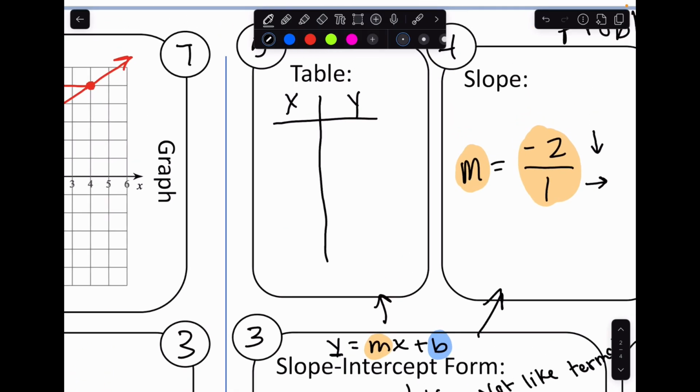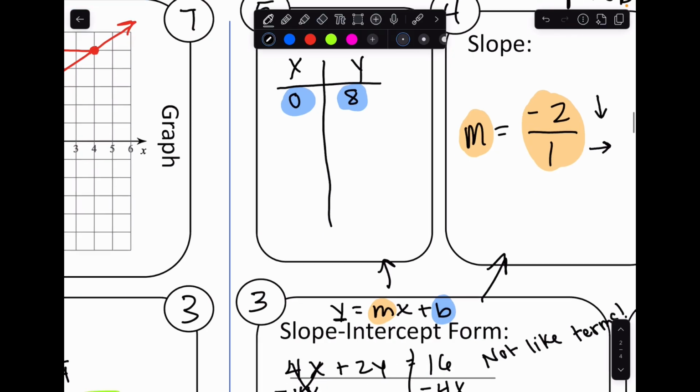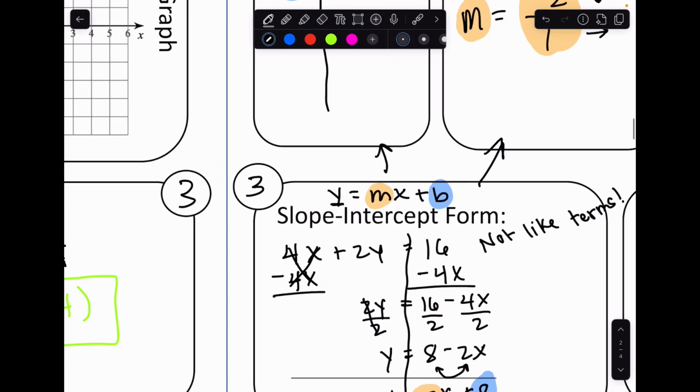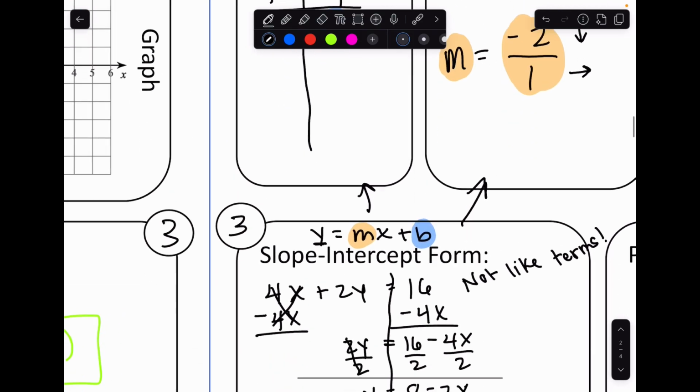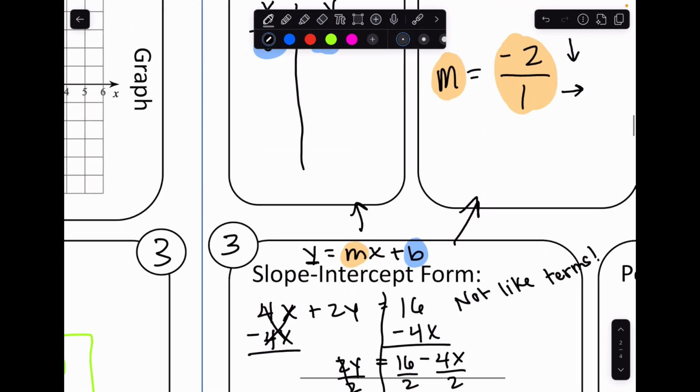We know our x is 0. And our y is our b. So 8. Okay. We know this because of our b. We don't have to find that point. To find our other points, we're going to use our slope-intercept form.